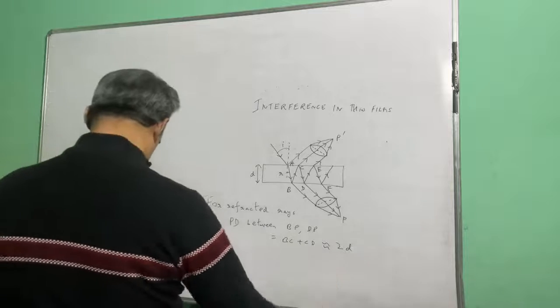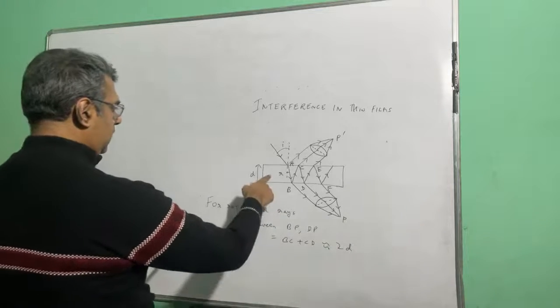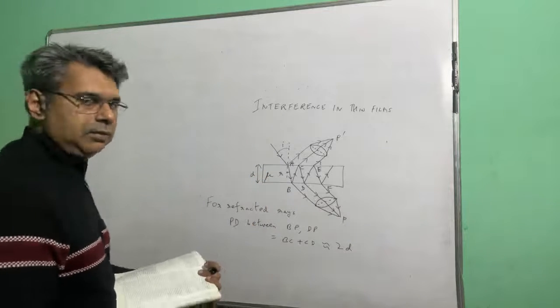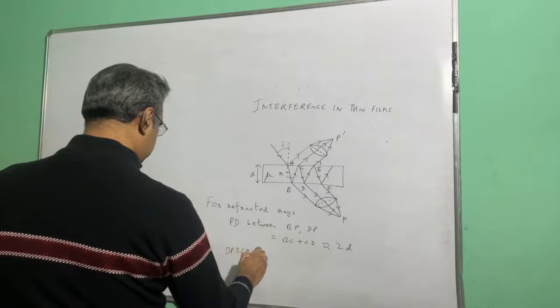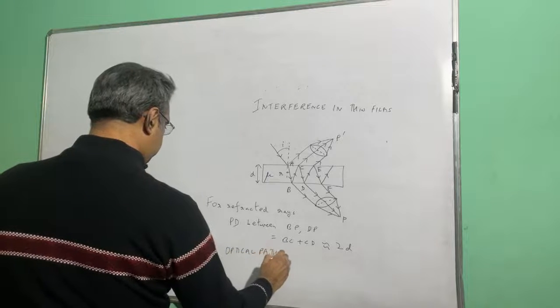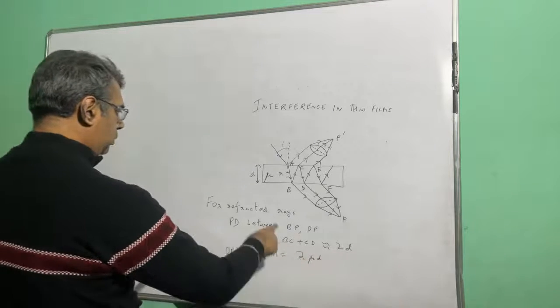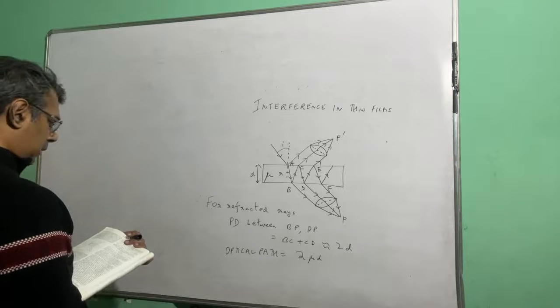So this is the path difference inside the thin film, and suppose the refractive index of the thin film is mu. Last class we had discussed optical path. So the optical path will be 2d into mu, that is 2 mu d.